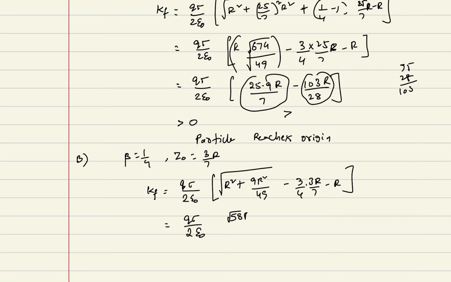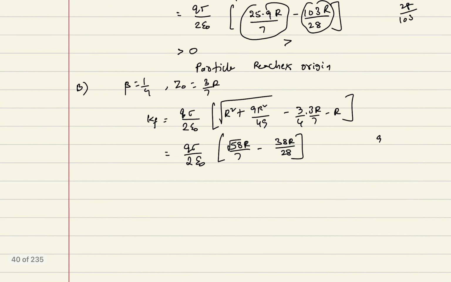So we can observe this: q sigma by 2 epsilon naught into root 58 r divided by 7 minus, this can be written as 9 by 28, 38 r divided by 28.